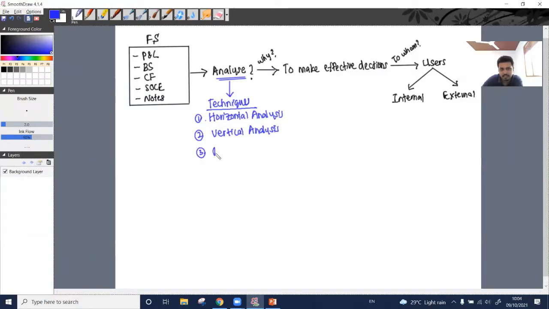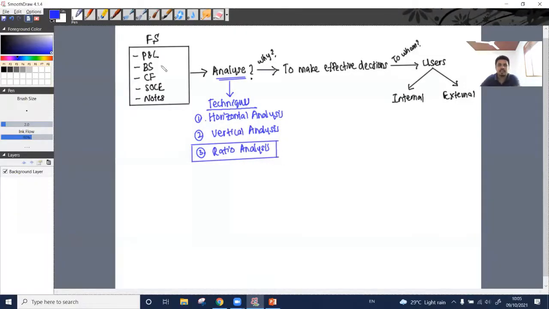And the third one, ratio analysis, right? So under this topic, we are supposed to discuss this ratio analysis.